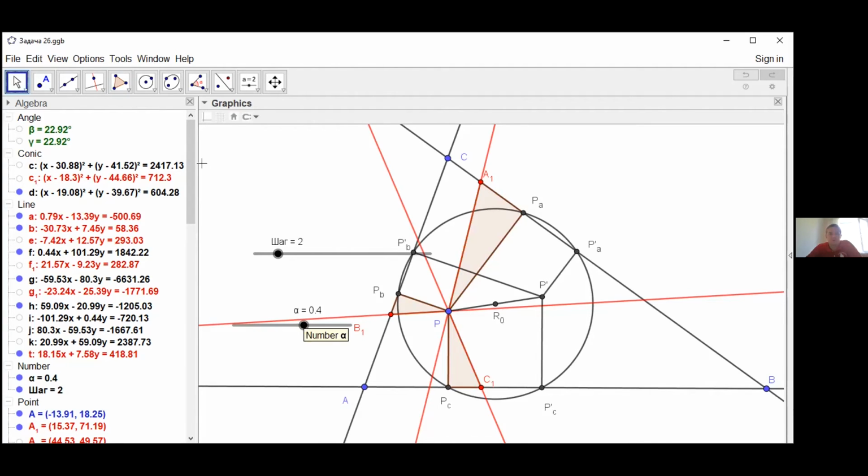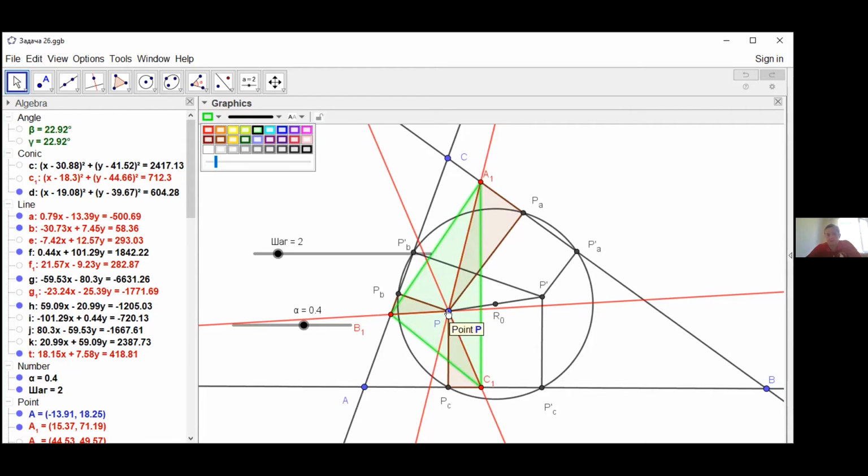We realize that this family of triangles like A1, B1, C1, all these triangles are similar to each other, and they could be obtained by a spiral similarity with center P, starting from the initial position of the pedal triangle.